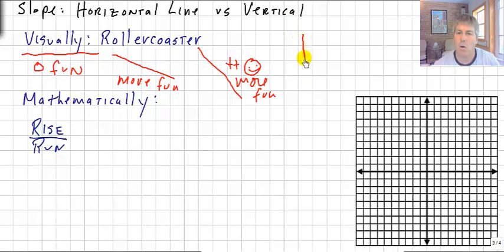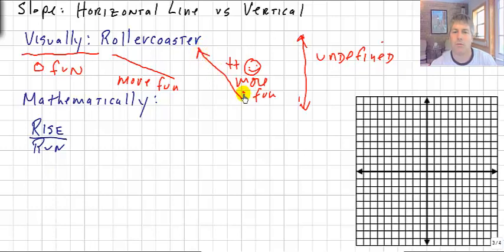But now, what if I just drop straight down like that? How fun is that? Now my roller coaster is just a vertical line. I'm going straight down. That's an indescribable amount of fun. Undefined fun. I had so much fun I can't even define it. So you can see here, as our roller coaster goes from something that's flat and horizontal, not a lot of fun, to more and more vertical, it's tougher and tougher to describe, and now we've got an undefined amount of fun.